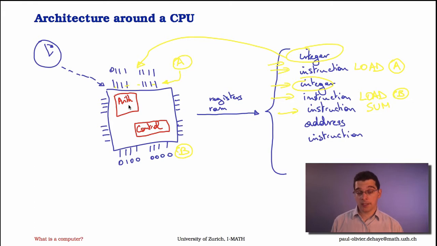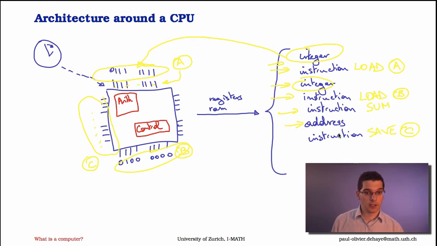So what the arithmetic unit this time will do is take the input on A and the input on B, and then by convention output something on C. By doing binary operations on the input of A and B, it will decide on a sequence of zeros and ones that correspond to those two inputs, and output this on C. Okay, the next instruction would refer to a specific address in the memory, and it would be a save from C to that address.